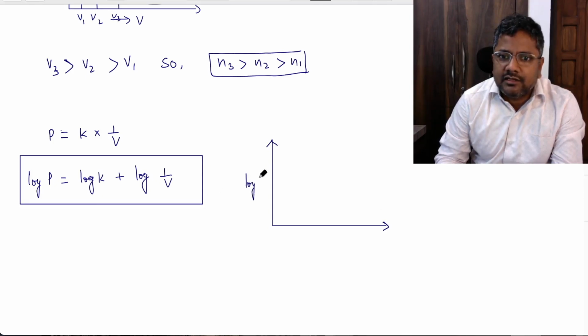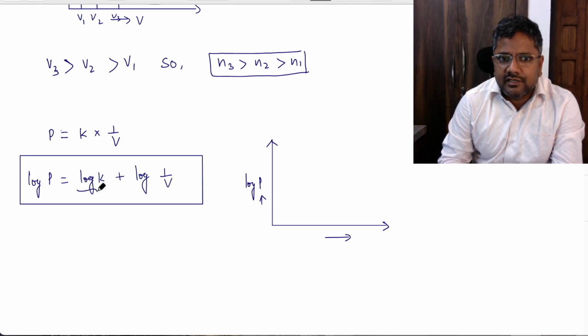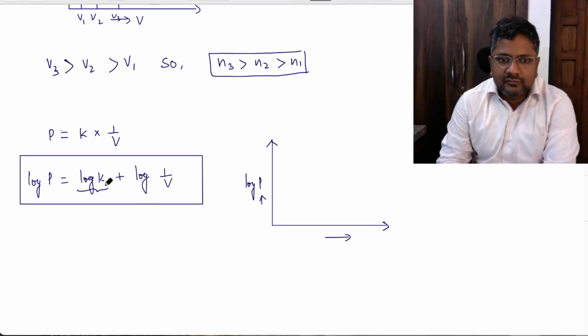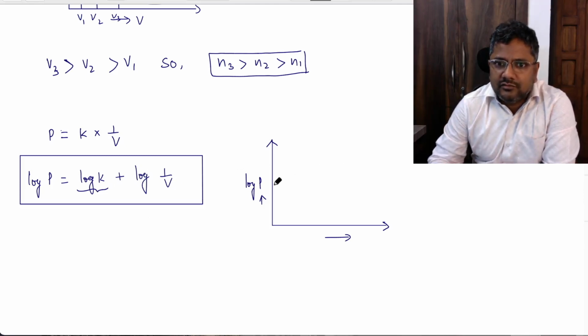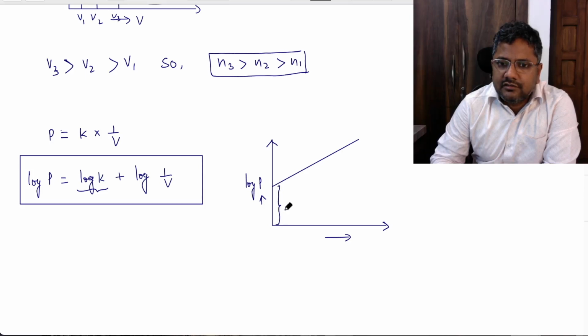So you can see y is equal to mx plus c, the equation of a straight line, and this is the intercept, and the slope here is 1. So this is log K and the slope is 1.